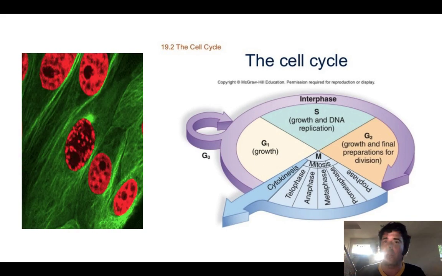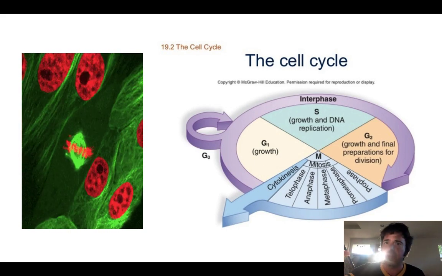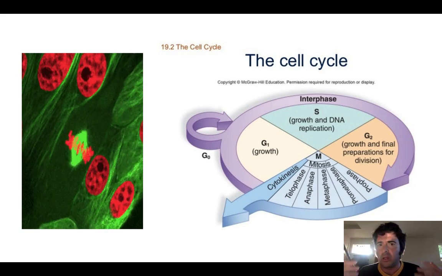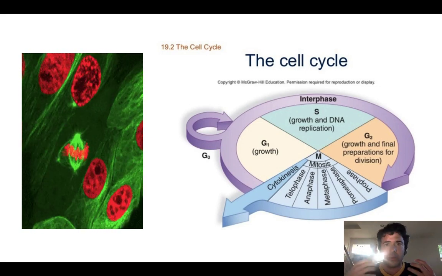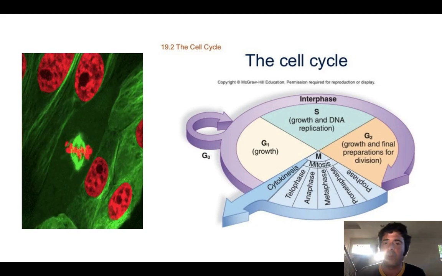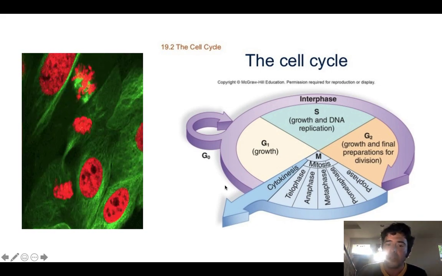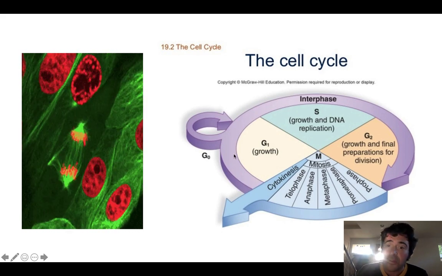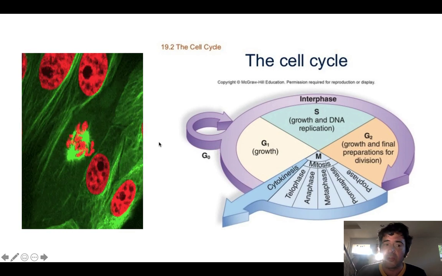And mitosis occurs for a constellation of reasons: growth, development, wound healing, maintenance of tissues. I mean, there's all sorts of reasons. Our cells are undergoing mitosis all the time. So in general, interphase is when a cell is just being a cell, and that constitutes the overwhelming majority of the cell cycle.